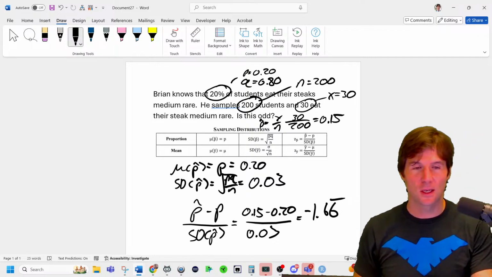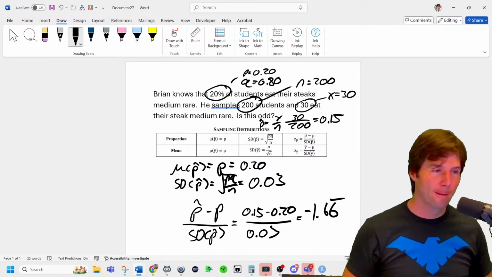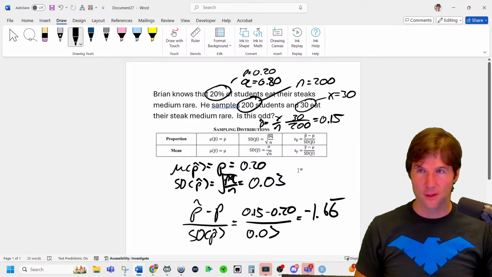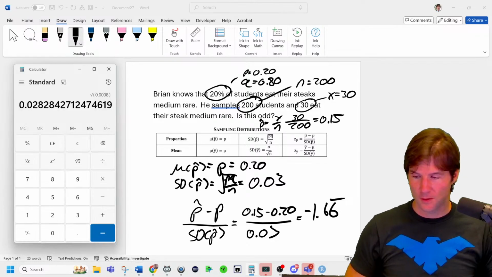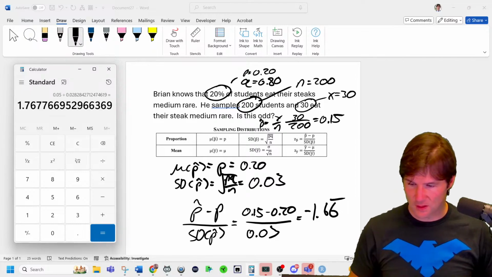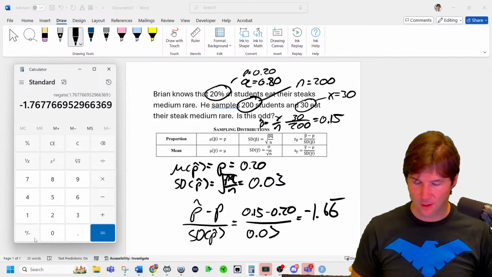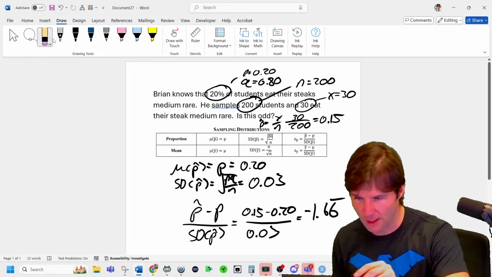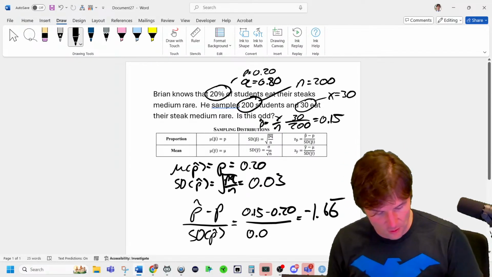It's such a nice day. Enjoy some time. So this is not that odd. It's kind of low, not super low. And there's the exact z-score. I rounded it, but you could have taken the 0.027. I just wanted to do it in my head. That was easy enough to do.